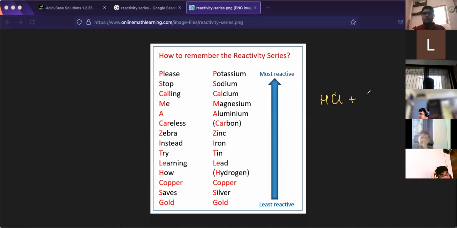HCl plus copper. What will the products of this reaction be? No reaction will take place. No reaction. Okay.